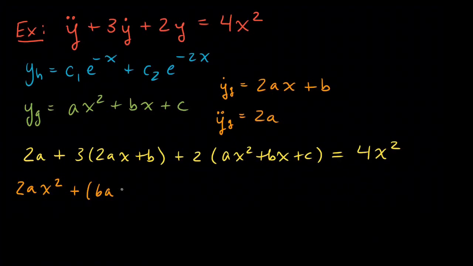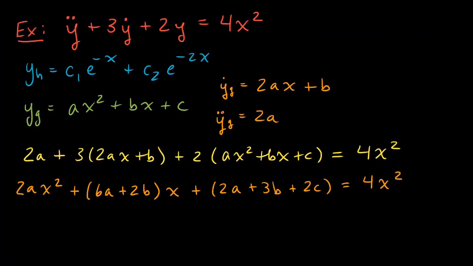So 6a plus 2b all onto x. And then we want to look at the terms that don't involve x at all. So we have a 2a, we have a 3b, and finally, we have a 2c. And again, that still has to equal the right-hand side, which is 4x squared.